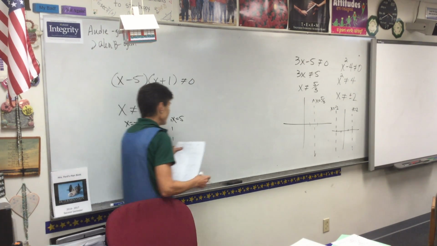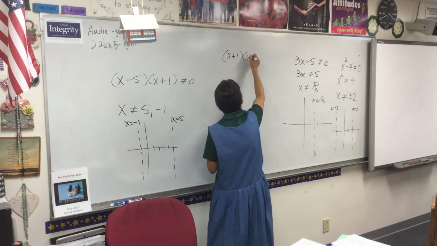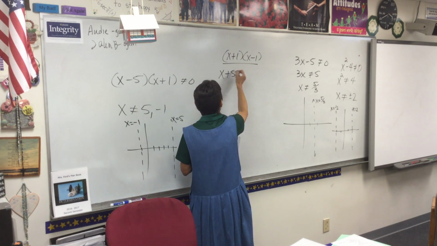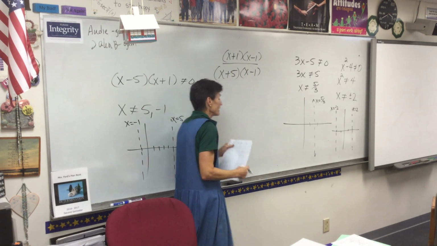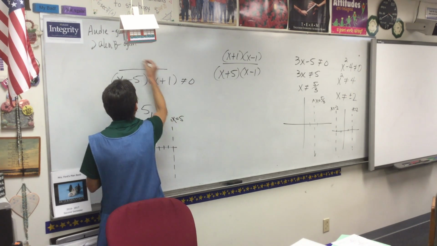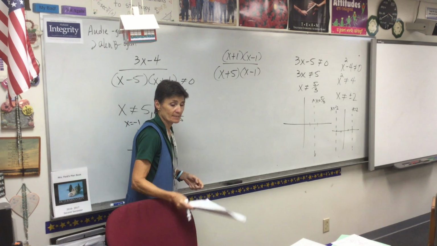Now E, did you start E? Because E is a little bit different. I know you can factor the bottom, and I think it's going to be just like this one, with 2 vertical asymptotes, but I'm not.